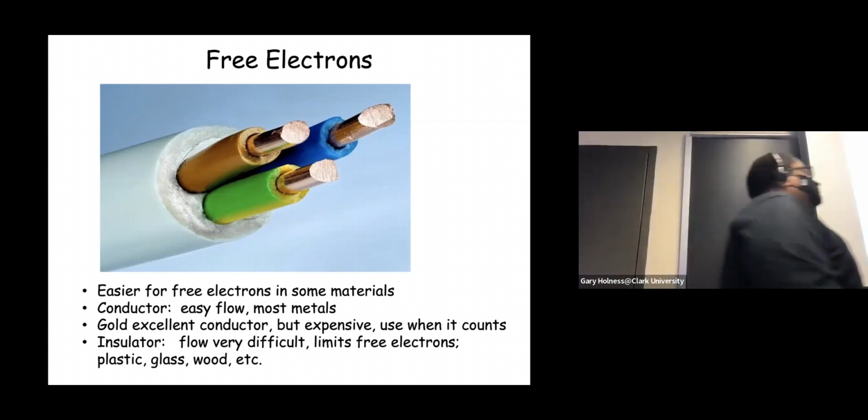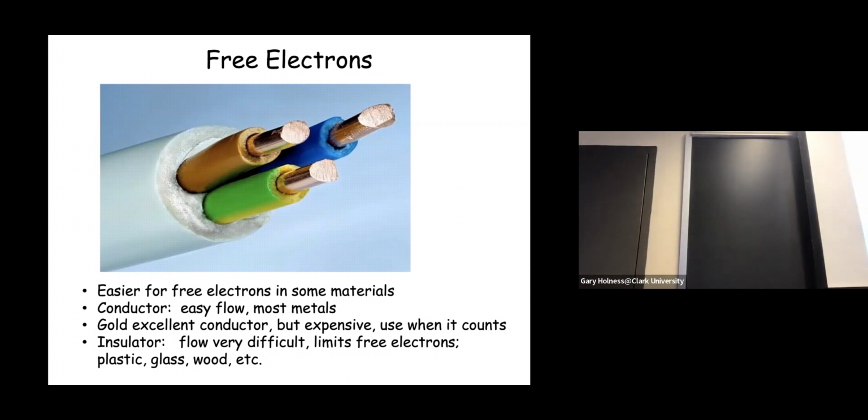And so a conductor is a material, an atom, for which the flow, this donation or accepting of free electrons, is quite easy. The converse of that is something called an insulator. An insulator is one that makes it very difficult for these free electrons to be accepted or donated.